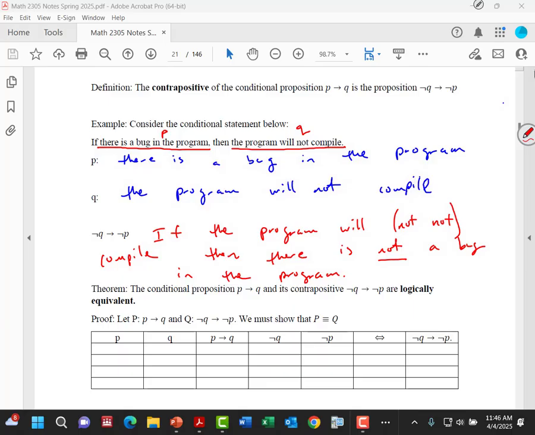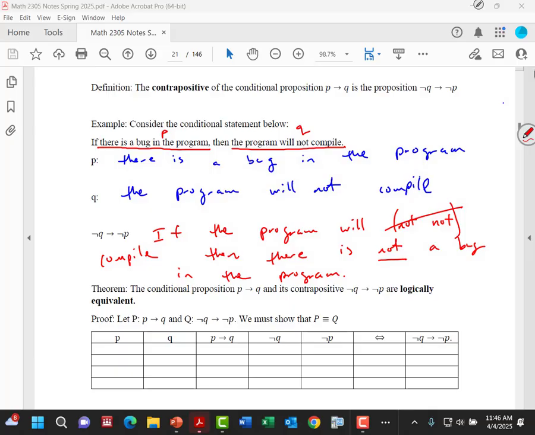Now, this whole not is poor English, and it's the whole idea of negating a negation turns it into an affirmative. And so if the program will compile, then there is not a bug in the program. And hopefully we would see that this is logically equivalent to the statement if P then Q.